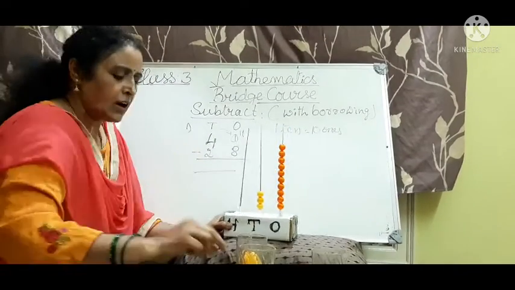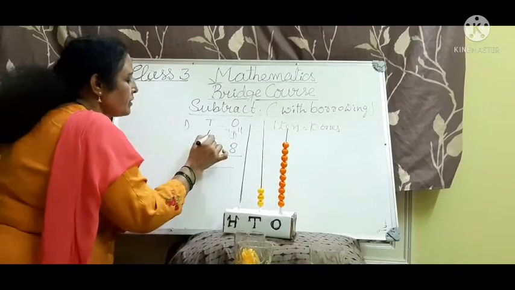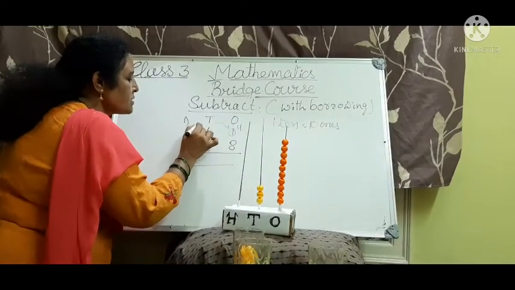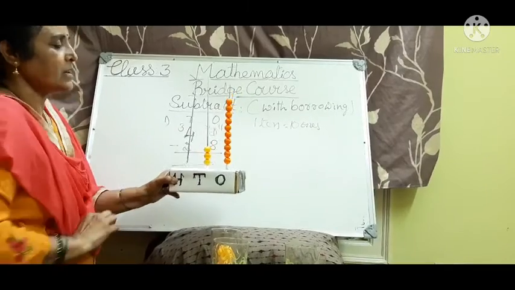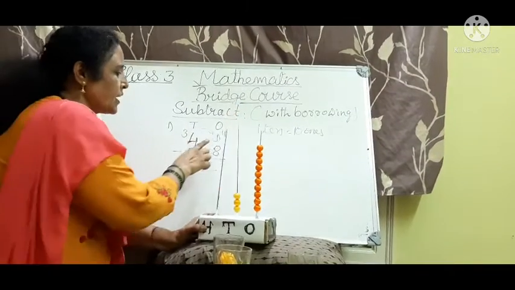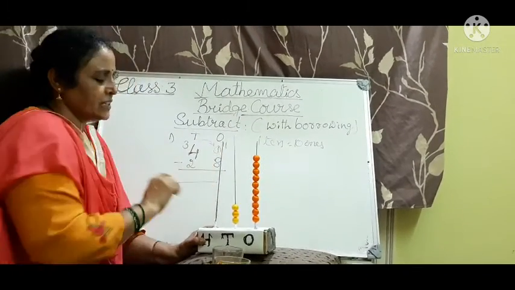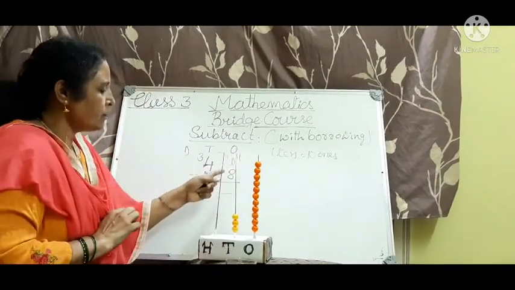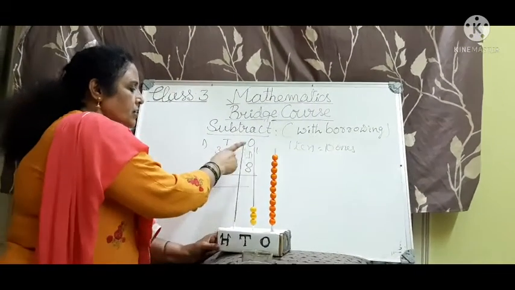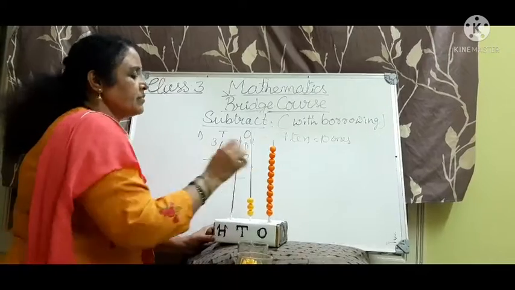Now after giving the borrow, here it will be 3. 4 minus 1 is 3. Now see here, 3 tens are remaining. Now we will do the subtraction. 11 minus 8. From 11 we need to take out 8 ones.